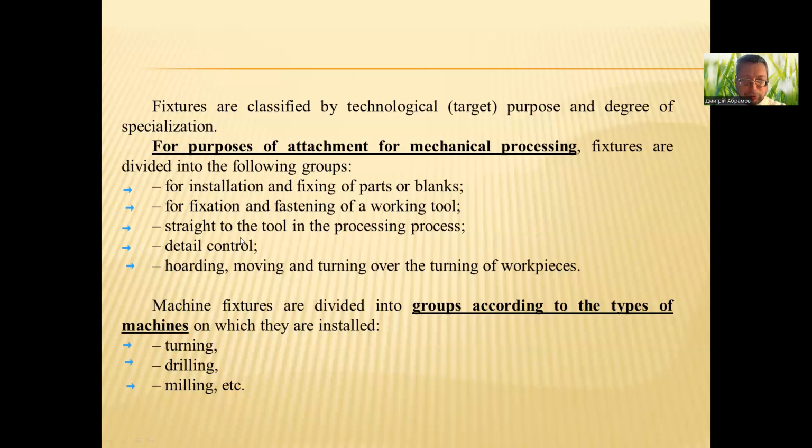Please write down to your notes these groups of fixtures and types of machine fixtures.